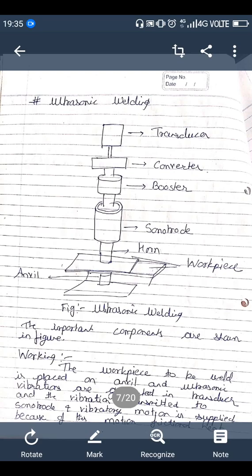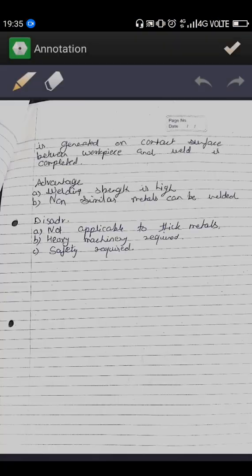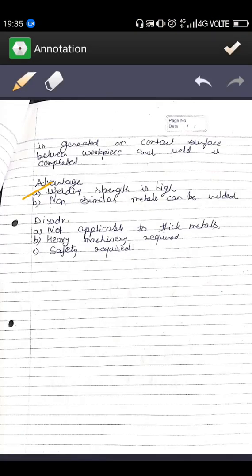Now we are going to see the advantages of ultrasonic welding. Welding strength is high. Dissimilar metals can be welded.